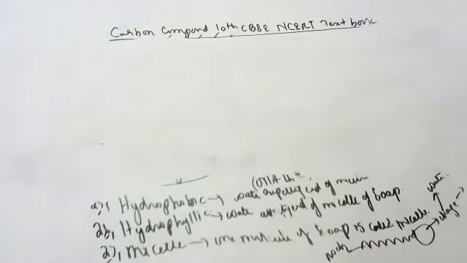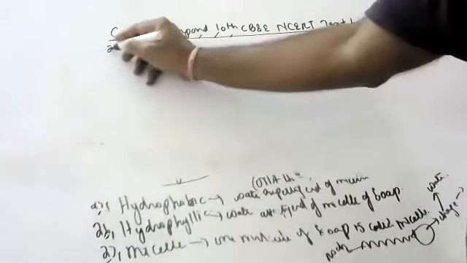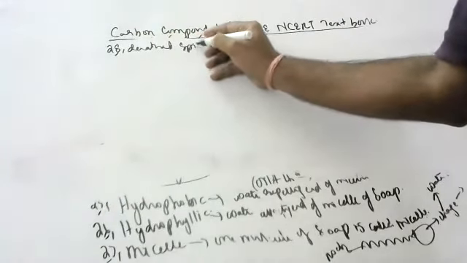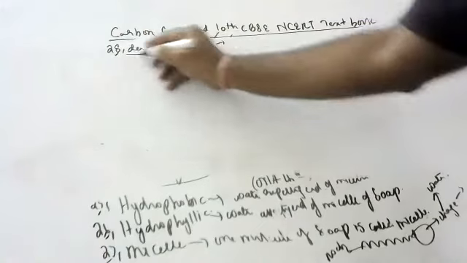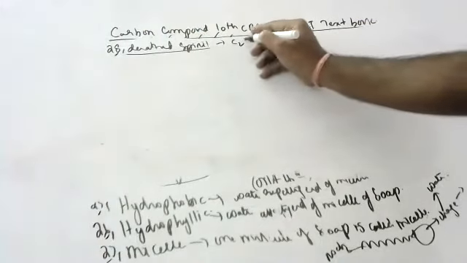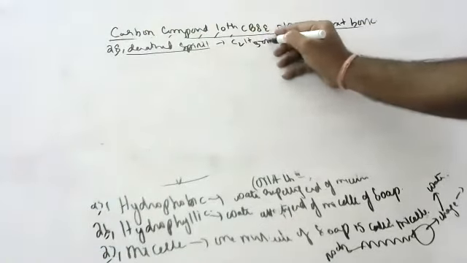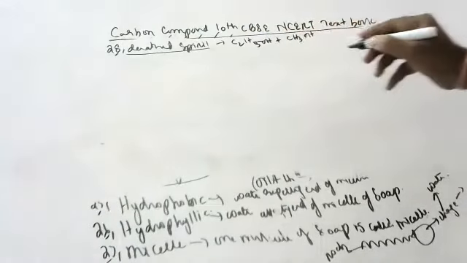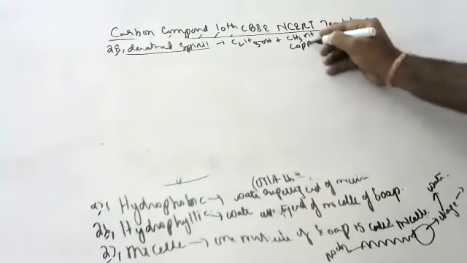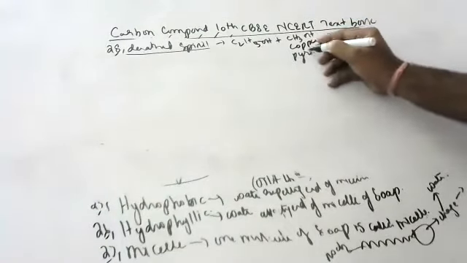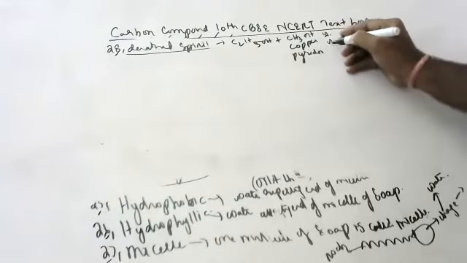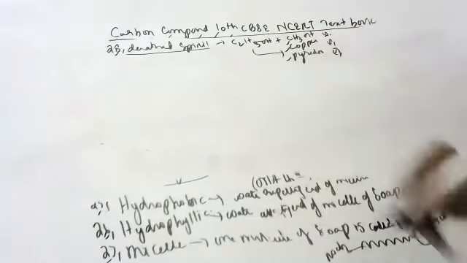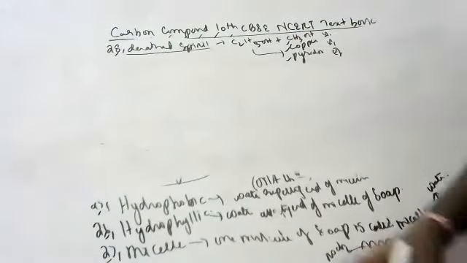Next, what is denatured spirit? To the alcohol, sometimes they add methanol or copper, or pyridine, any one of them, to make it poisonous.